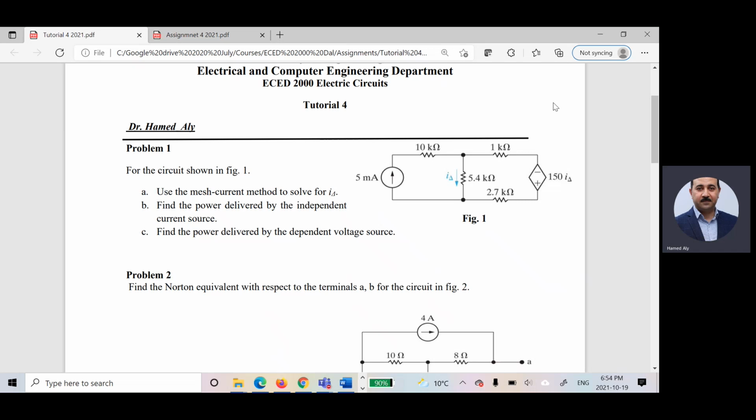But I don't recommend using it unless I ask you. Why? Because sometimes I give you a specific configuration of the problem, and if you try to use source conversion, maybe you will change the configuration of the problem. And maybe you will forget a specific unknown or a specific branch because you changed the configuration of the problem by using source transformation. Are you seeing what I'm talking about, guys?